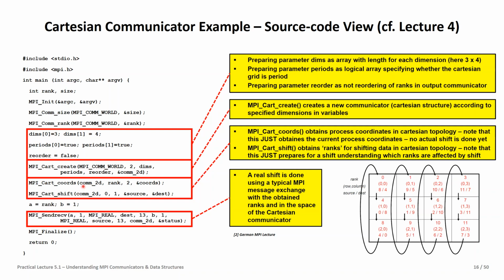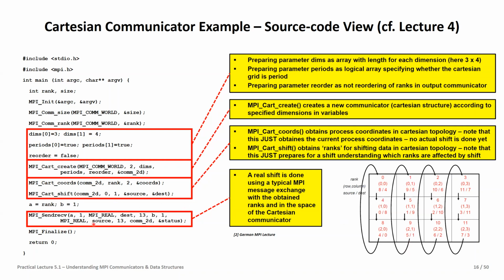Very important to understand, because here we have a new idea of getting coordinates. If you remember, we have new ranks in the system. We still have in our MPI comm world the old ranks, but in this 2D communicator we have new ranks that are arranged in this particular communicator in order to make the message exchanges happen.